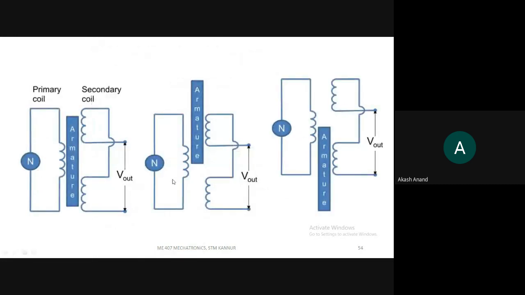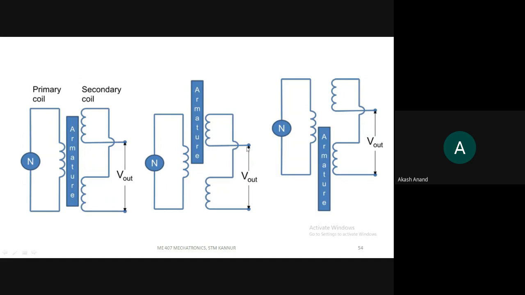As I told before, when the core or armature is moved to one end, most of the current will be produced from the first secondary winding.